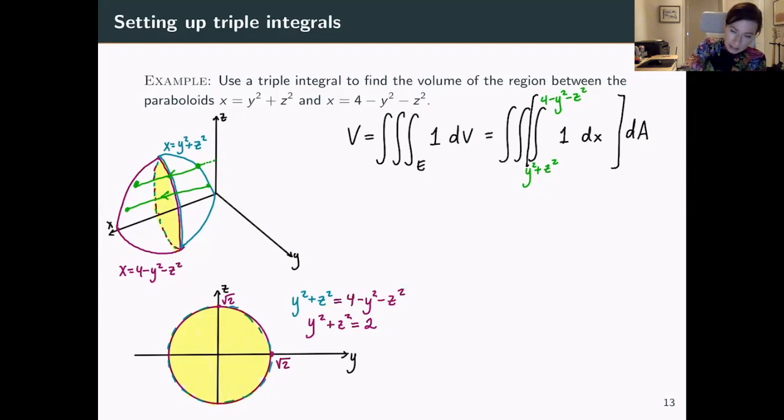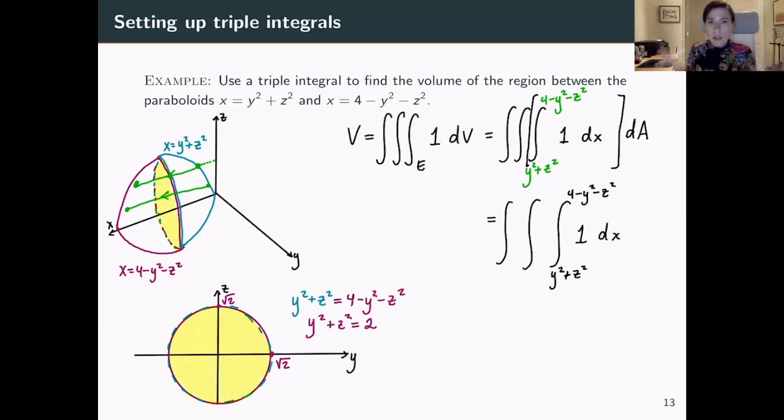Seeing how our values of x are changing, we're going to have y squared plus z squared to 4 minus y squared minus z squared, of 1 dx, and then we can either set this up as dz dy or dy dz. I'm going to go ahead and use the dz dy order.